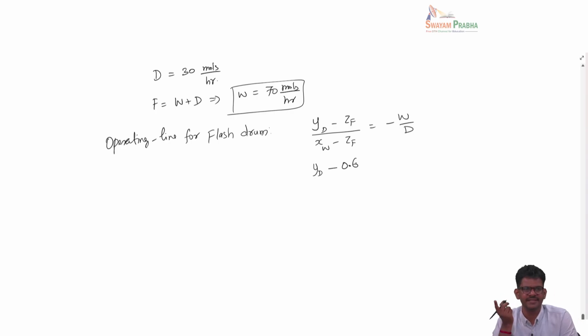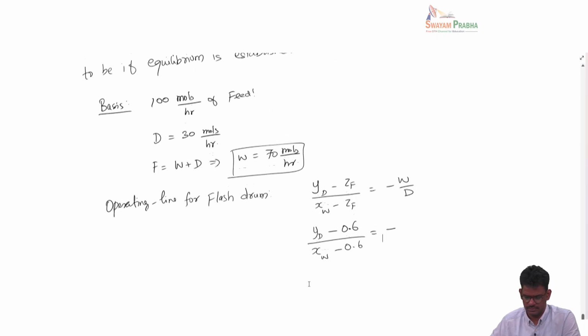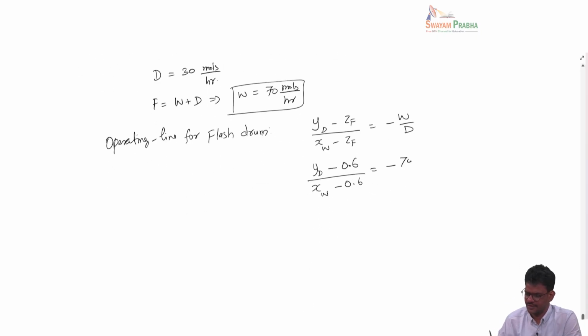Again, here the component A is acetone, which is more volatile than water. xW we also don't know, and the slope is equal to minus 70 by 30, which is about minus 2.333. So this is the equation of the operating line.